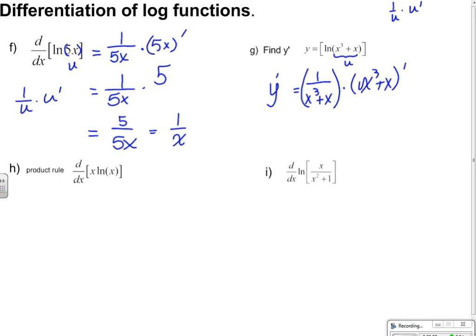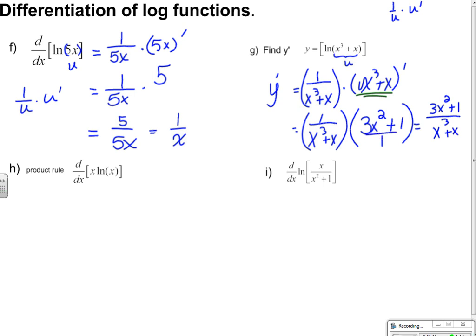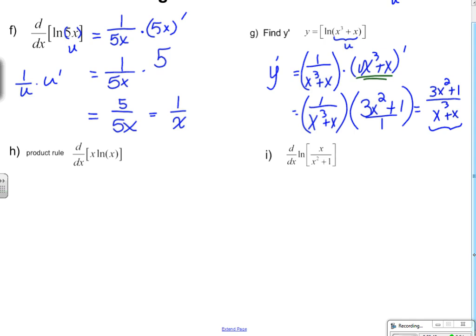That would be 3x squared plus 1. And I could write that as 3x squared plus 1 over x cubed plus x. I am looking to see if there's anything that would cancel from top to bottom, because I can see here that I would have an x that I could factor out, or GCF it, but on top there is not a GCF for it.